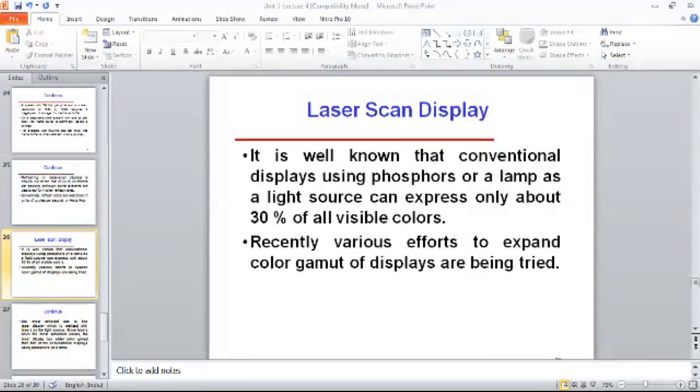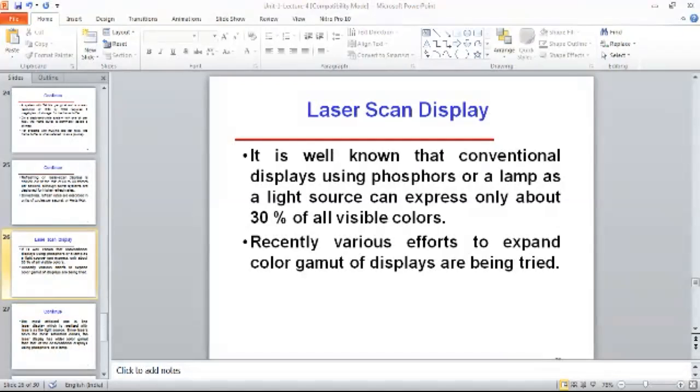If we use 8 bits per pixel, then 2 to the power 8 colors we can get, meaning 256 colors. Similarly, if we use 24 bits per pixel, meaning 2 to the power 24, we can get a lot of combinations of different colors.